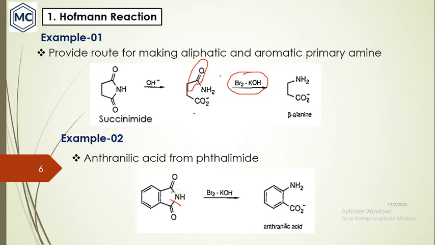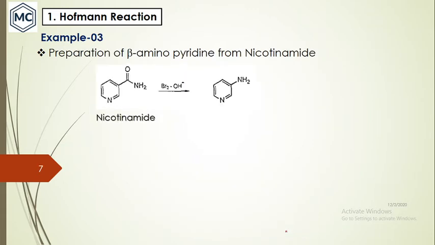Then this amide decarbonylates, the carbonyl group is evolved, and this carbon is directly attached to the nitrogen and it forms anthranilic acid. Third example, you can use this for the preparation of beta-aminopyridine from nicotinamide. This is nicotinamide, a very famous molecule. In the presence of bromine and alkali, this group gets evolved from here, and it is directly attached to the amine.